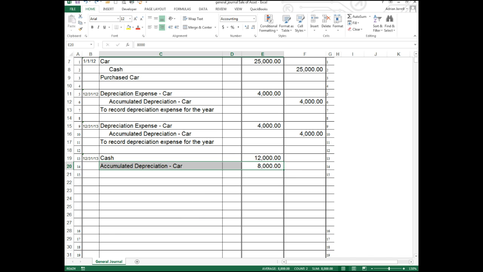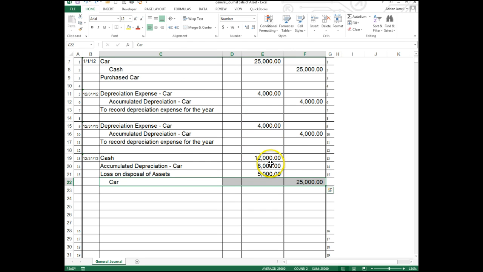And then I also know that I'm going to have a loss of $5,000 on the car. 12 plus 8 is $20,000, and I have a $25,000 value of the car, or historical cost of the car.